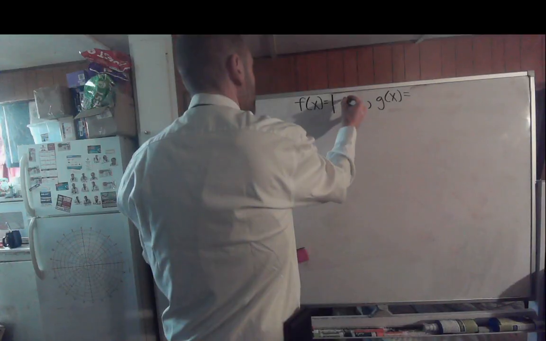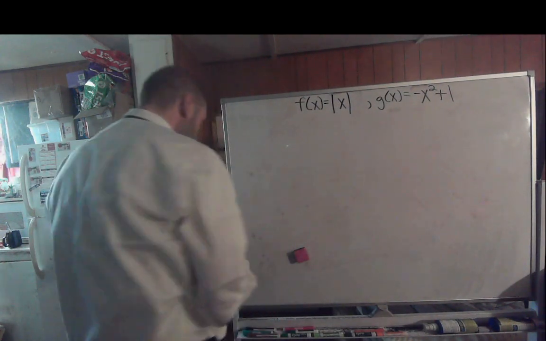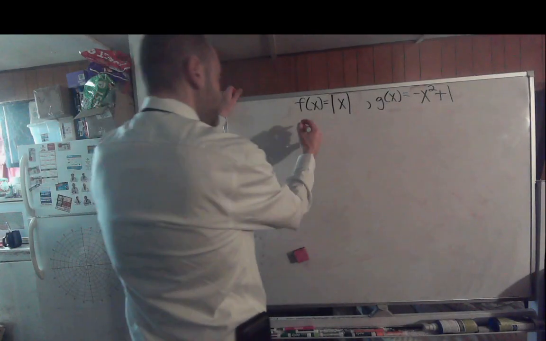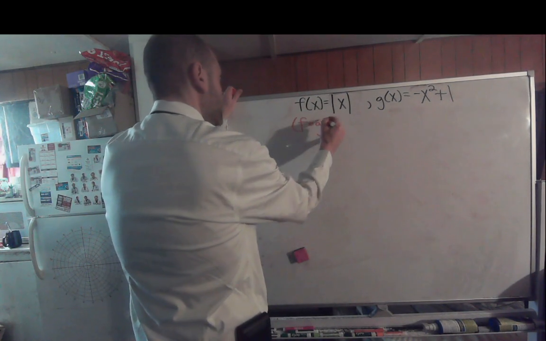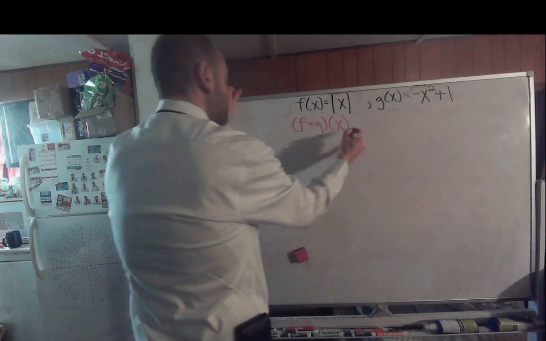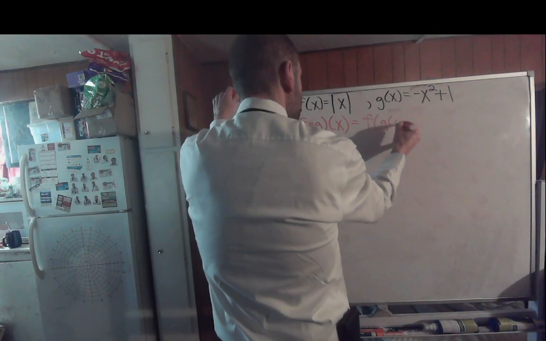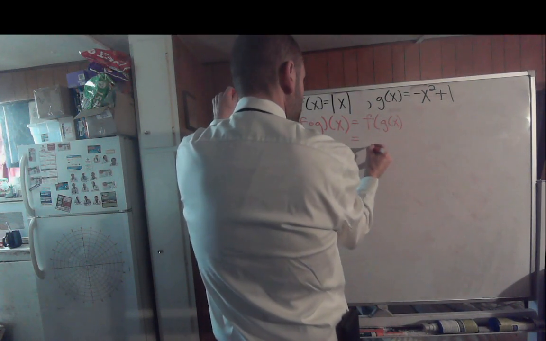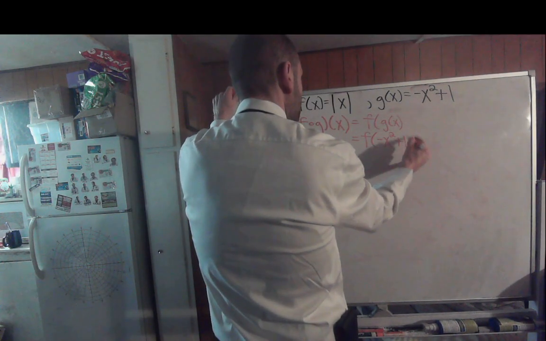F of x equals the absolute value of x. G of x equals negative x squared plus 1. Alright, so let's find f composition g of x. Well, that's going to be the same as f of g of x, which would end up being f of negative x squared plus 1.